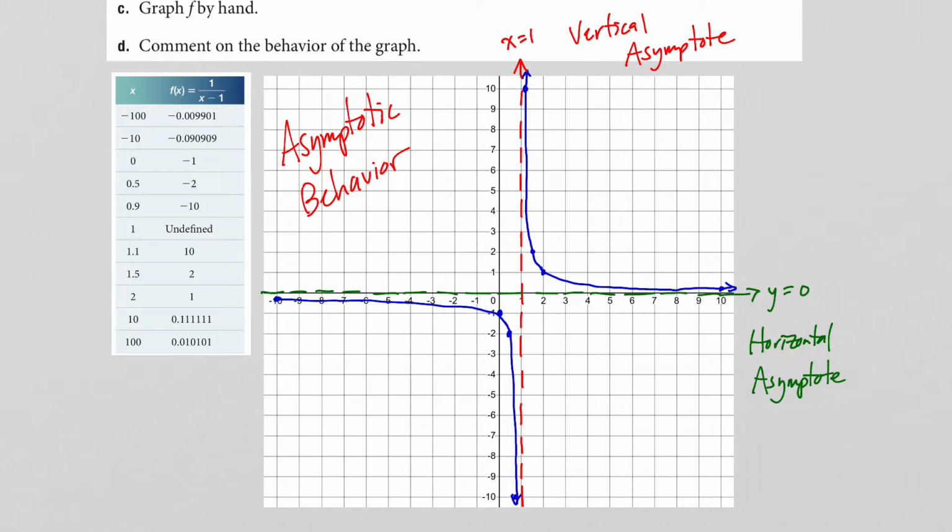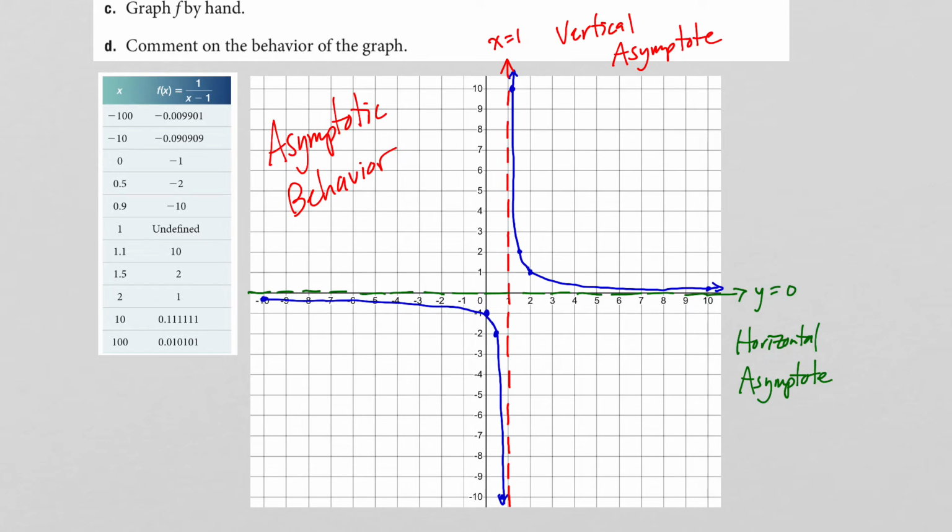But this is the basic graph of the function. Now, part D says comment on the behavior of the graph. I pretty much did that already. The defining attribute of this graph is this kind of bizarre behavior around these asymptotes.